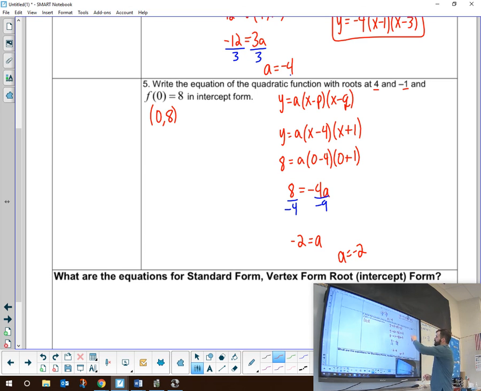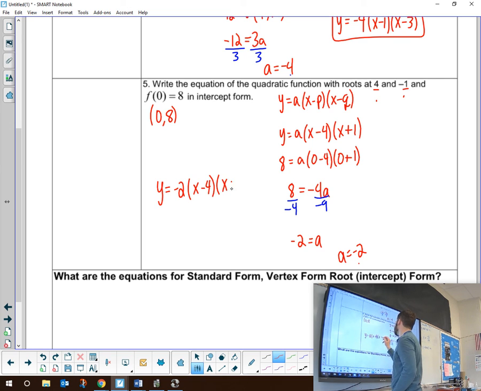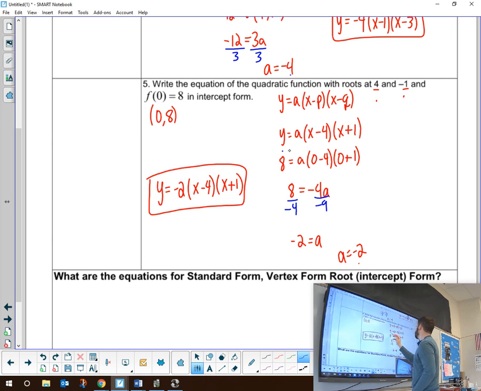So, now that I know what my roots are and I know what my a is, we can write my final equation of y equals negative 2 times x minus 4 times x plus 1. It's pretty much just this equation over again, but now we know what my a is.